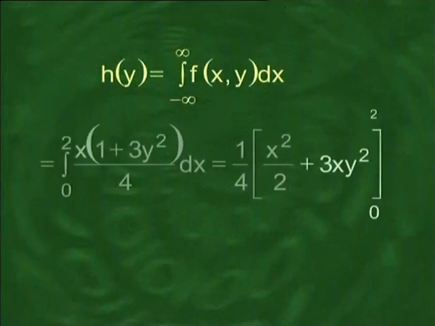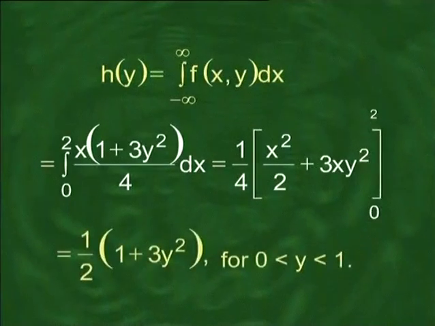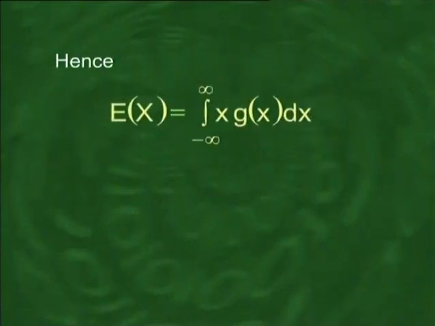Similarly, to find the marginal distribution of y, we integrate our expression with respect to x, and doing that the marginal distribution of y comes out to be (1 plus 3y square) divided by 2. Now, in order to find the expected value of x, the formula is integral of x into g of x with respect to x.